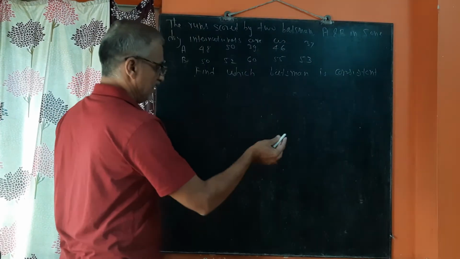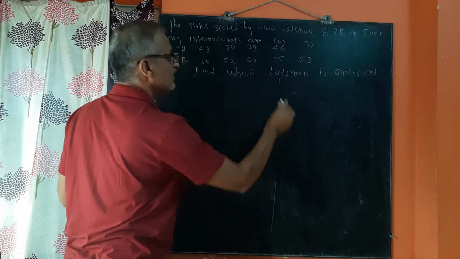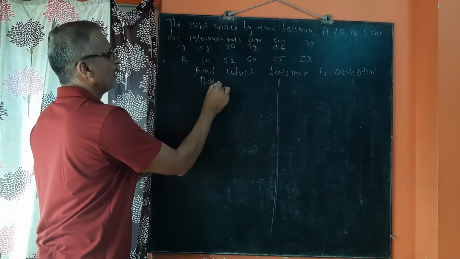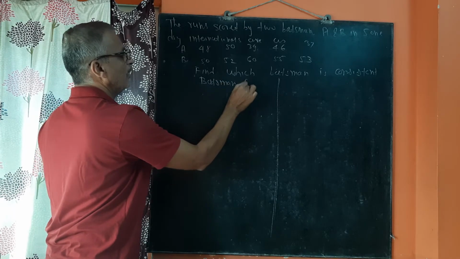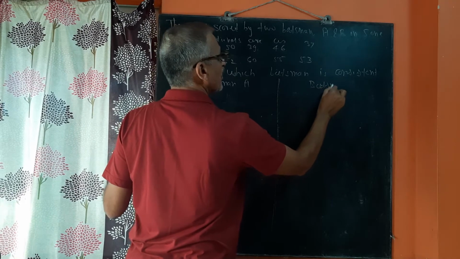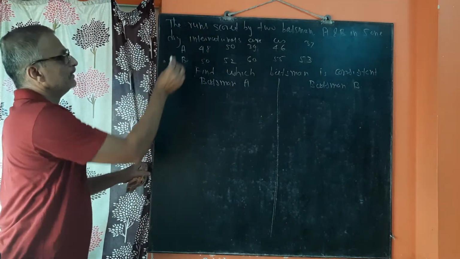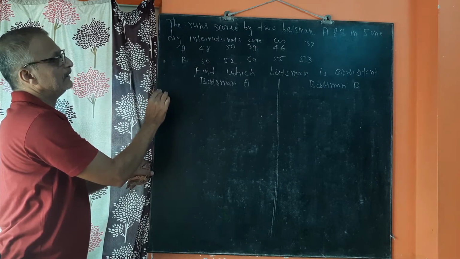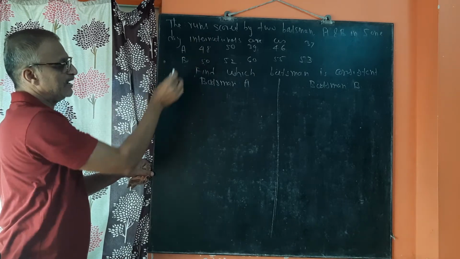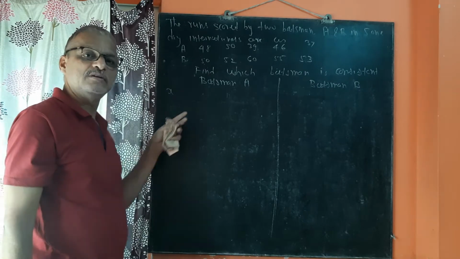For that, I divide my board in two parts. Here, batsman A, and here batsman B. The runs scored by batsman A, I consider as X. And we have to find CV.